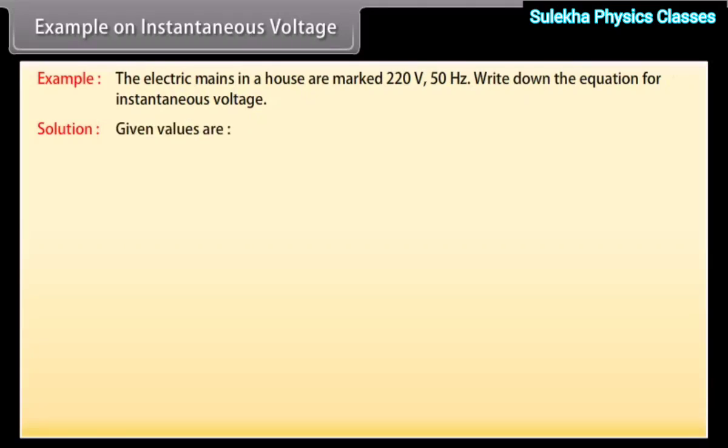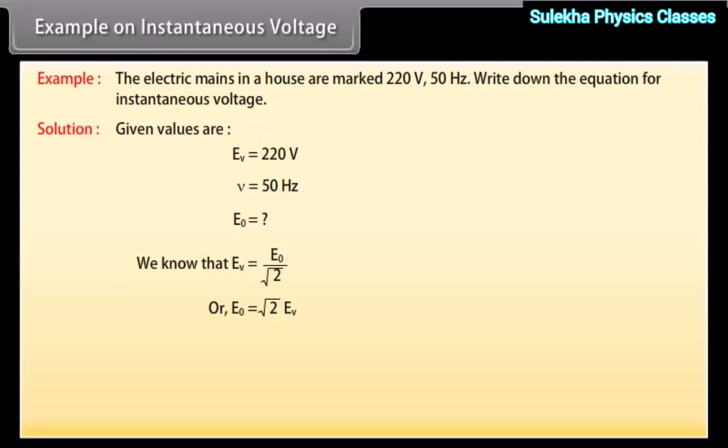Given values are EV is equal to 220 volt, nu is equal to 50 Hz. We know that EV is equal to E0 divided by root 2, or E0 is equal to root 2 EV.